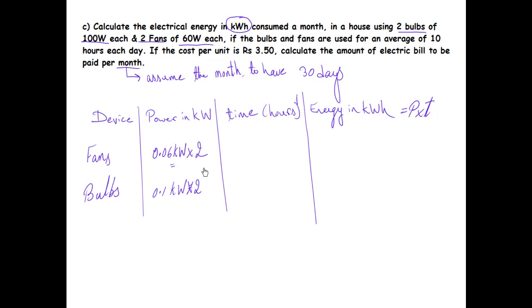So basically the powers turn out to be 0.12 kilowatts for the fans and 0.2 kilowatts for the bulbs. Now each of them is used for 10 hours a day. So therefore in the whole month's time they'll be used for 10 into 30 hours, that is 300.